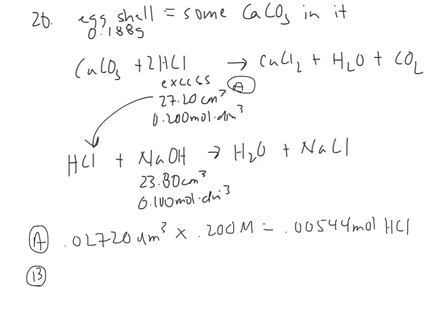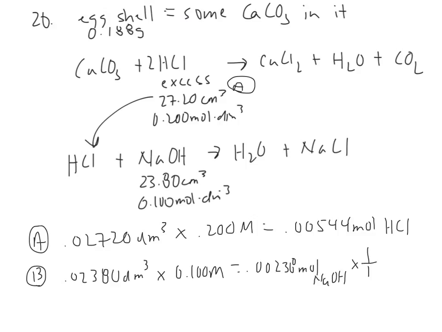So now if I take my 0.0238 decimeters cubed of NaOH times the 0.100 molar NaOH, that will tell me how much NaOH I used, which is going to turn out to be 0.00238. That's my moles of NaOH, and since it reacts 1-to-1, that's also my moles of HCl. It's a 238 there. That was my excess HCl.